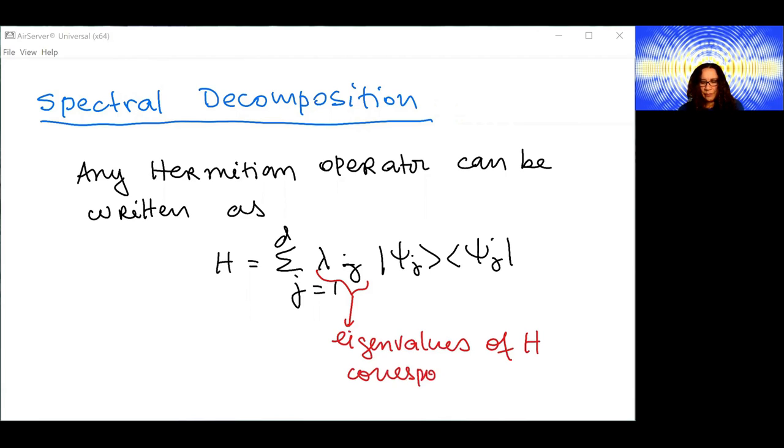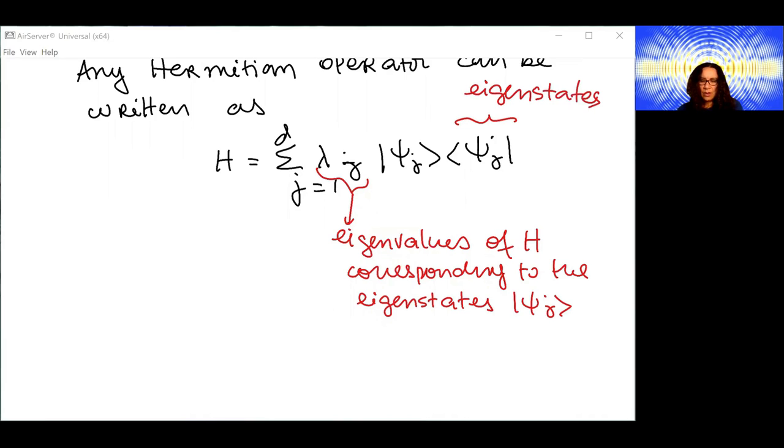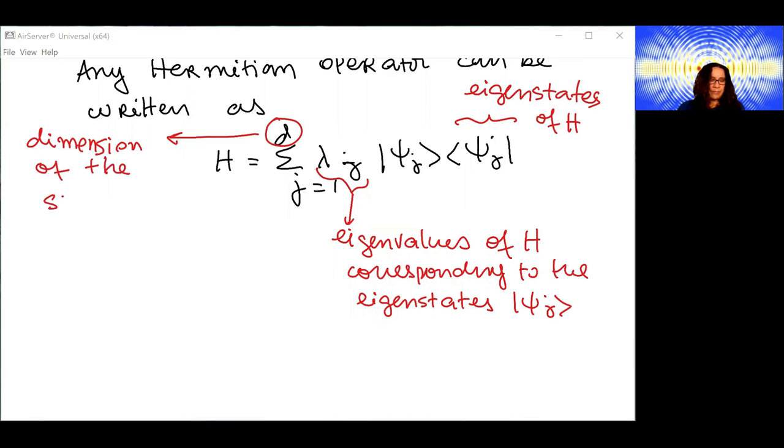corresponding to the eigenstates ψj. ψj are the eigenstates of H, this operator, and D is the dimension of the space in which H, which is this Hermitian operator, acts.